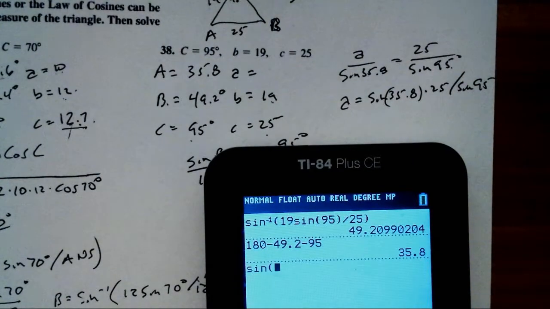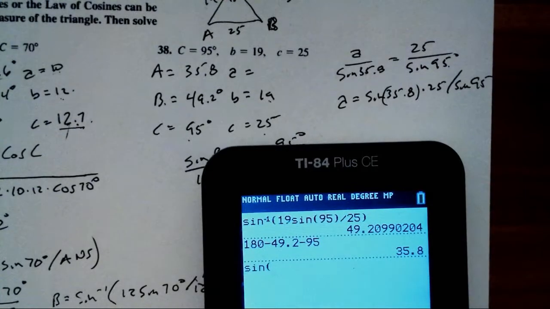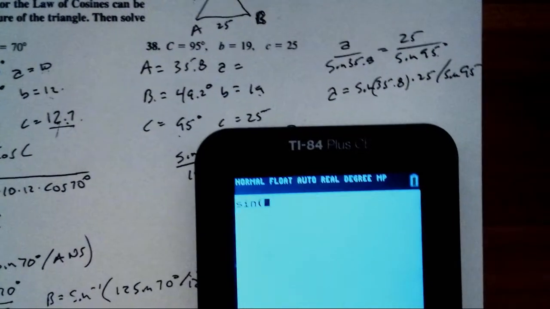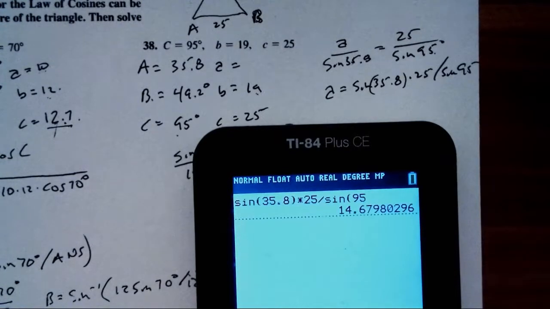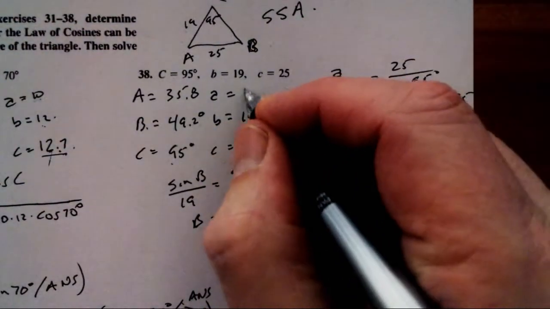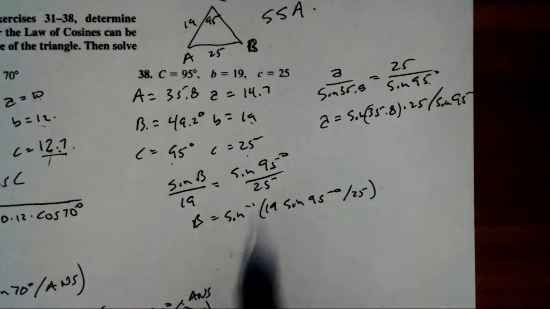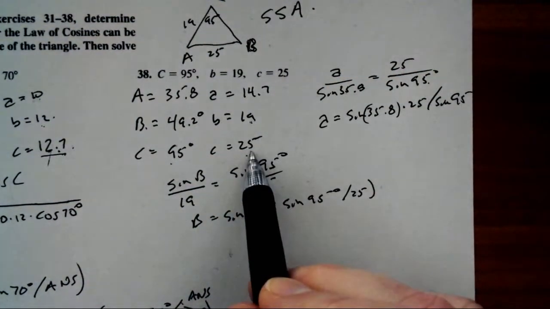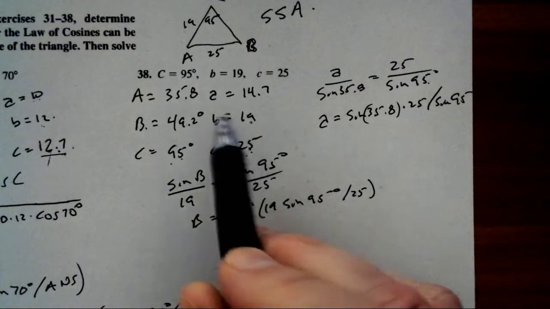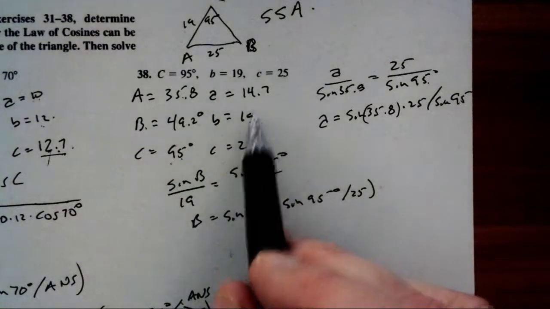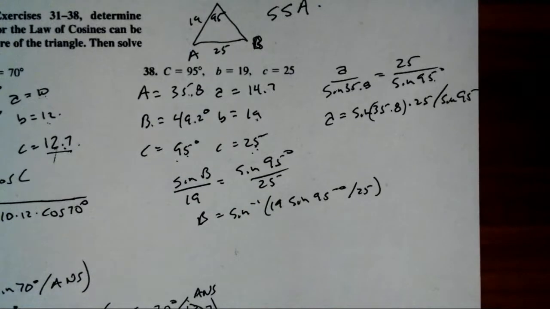So let's clear this. Sine of 35.8 times 25 divided by sine of 95. And we got 14.7. And let's take a look. 14.7 plus 19 is more than 25. Check. Biggest angle, biggest side. Check. Smallest angle, smallest side. Check. I feel pretty good about it.